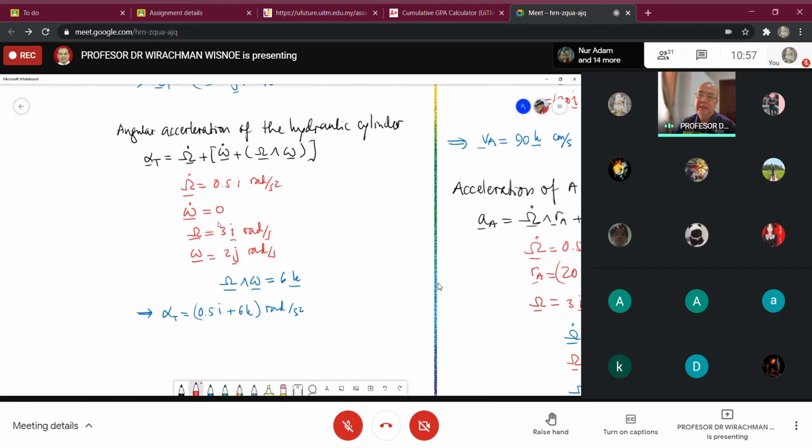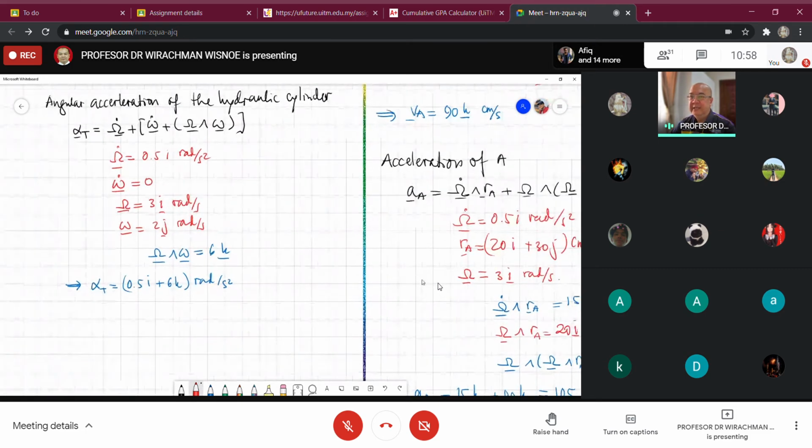So I put everything, and then I could calculate this term, because sometimes the cross product I need to calculate separately to make sure that I do the correct one. And then only when we have addition, I put everything all together. So I add this plus 0 plus the result of the cross product.